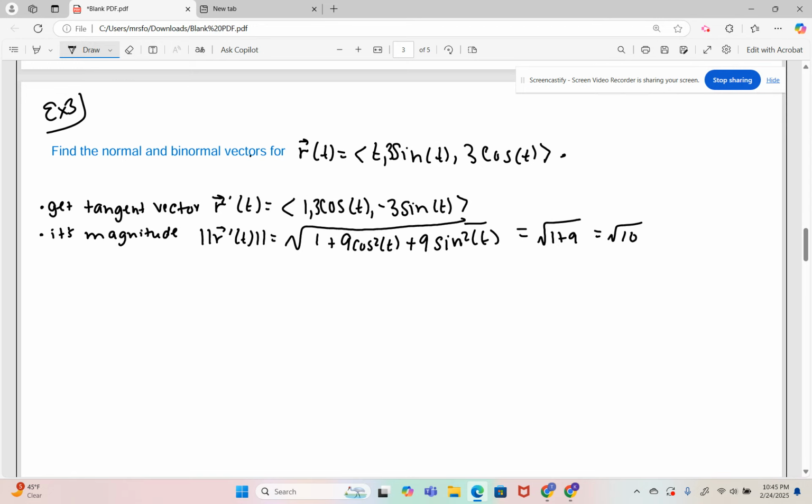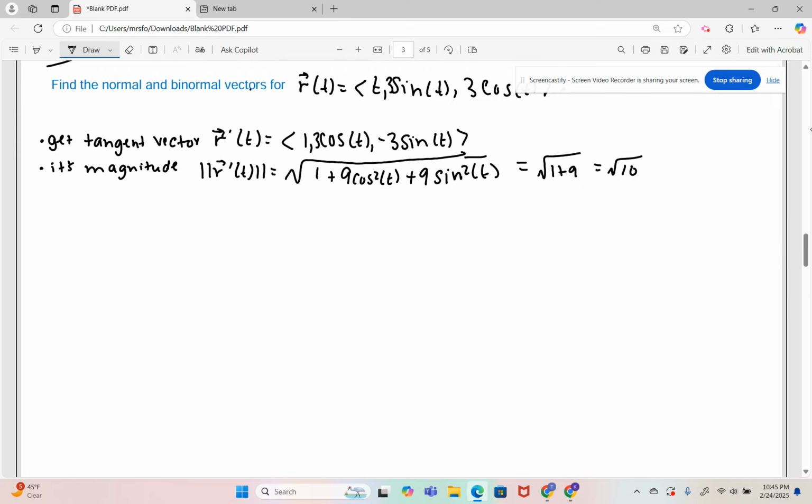Okay, so we have the tangent vector and we have its magnitude. So therefore, the unit tangent is equal. Alright, so remember that is 1 over the magnitude. So each component here is going to just be put over the magnitude.